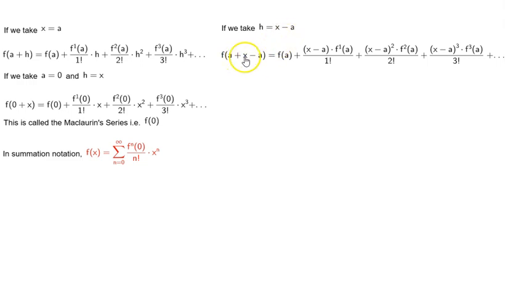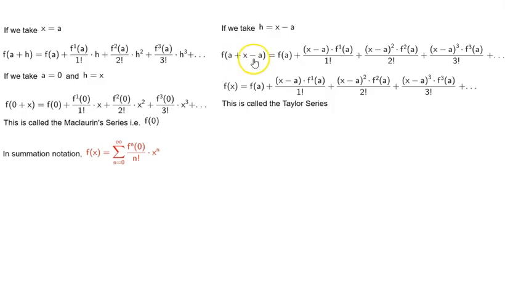Here x minus a is the h, is equal to f of a plus x minus a times f1 of a by 1 factorial plus x minus a square times f2 of a by 2 factorial, and so on. And simplifying this, we get f of x, a disappears, is equal to f of a plus this series. And this is called Taylor series.